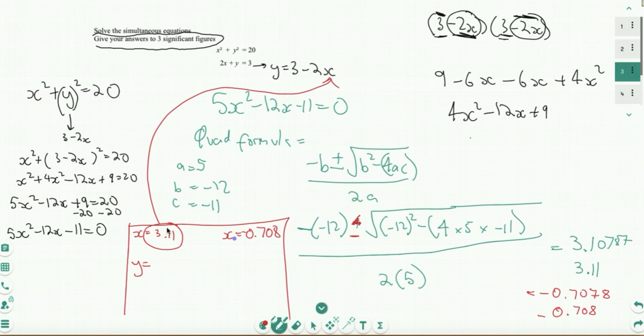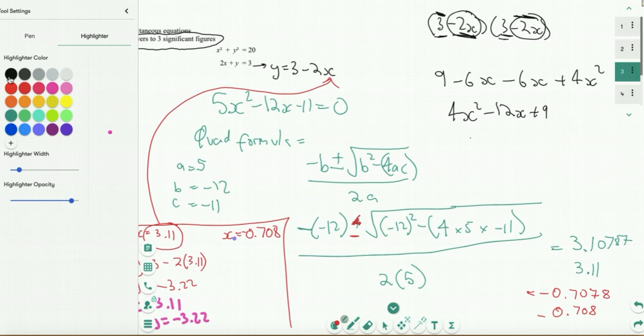Well, we'll say x is 3.11, so y is equal to 3 minus 2 times 3.11. See what our answer is there. 3 minus 2 times 3.11 is negative 3.22. So that's our first answer. When x equals 3.11, y is equal to negative 3.22.